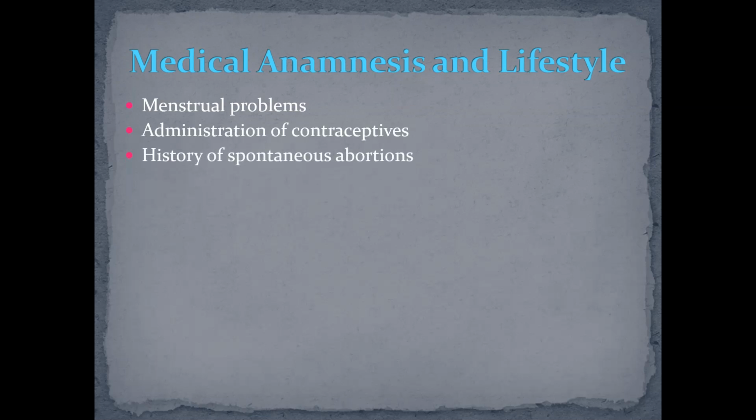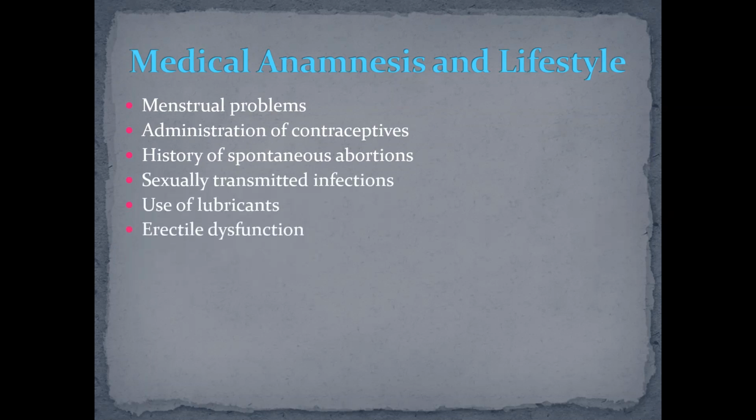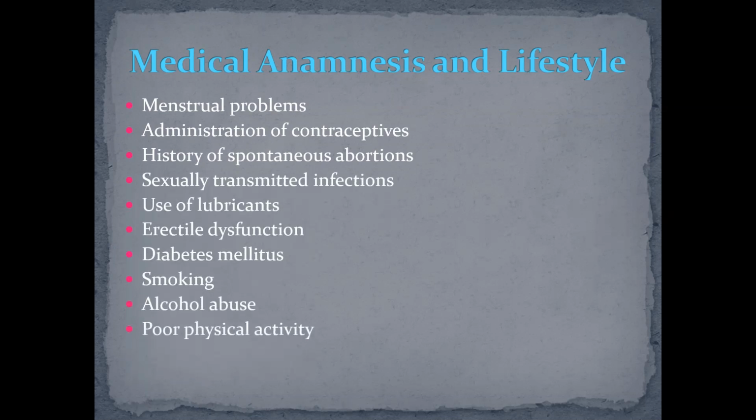History of spontaneous abortions. To check if there is some infectious disease or congenital abnormalities of the female genital organs, sexually transmitted infections, use of lubricants, because lubricants inactivate the sperm cells, erectile dysfunction, diabetes mellitus, smoking, alcohol abuse, poor physical activity or excessive physical load, history of weight fluctuation, and chronic stress.